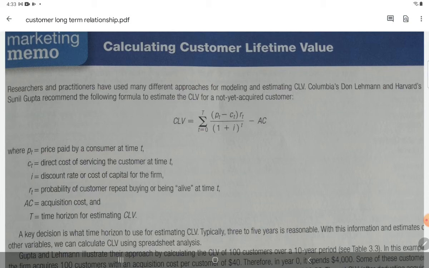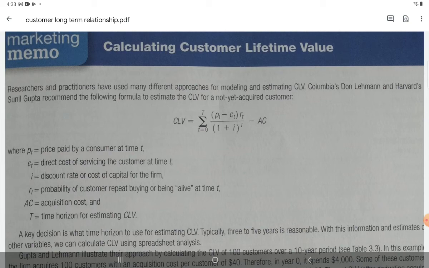Here we first need to see what all things are there in the numerator, and each of those terms we need to get into in detail, so that when we are using those parameters, it is very clearly there in our mind. So first is the price paid by a consumer at time t.